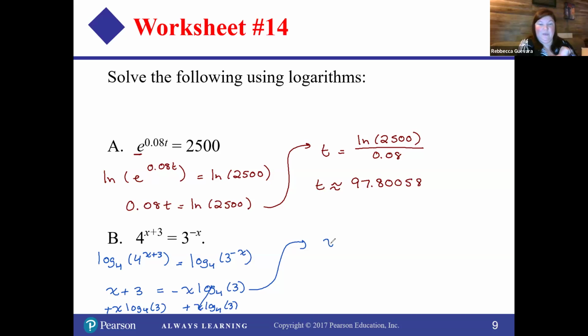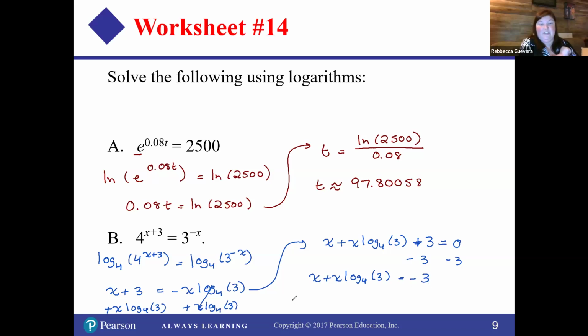This is going to leave me with x plus x log base 4 of 3 would be equal to, oops, sorry, I forgot we got this plus 3 here. Plus 3 is equal to 0. So if I subtract 3 from both sides, I'm going to have x plus x log base 4 of 3 equal to negative 3.